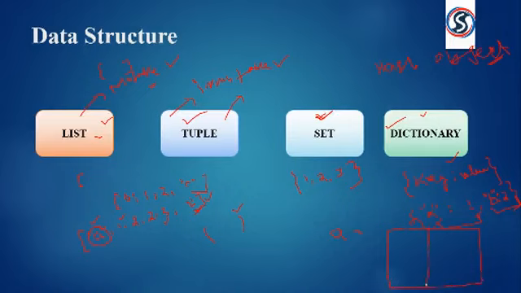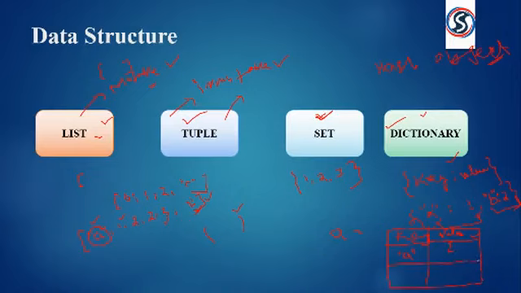Suppose this is my table. One column will be your key and another column will be your value. In the first element, the key is A and the value is 1.